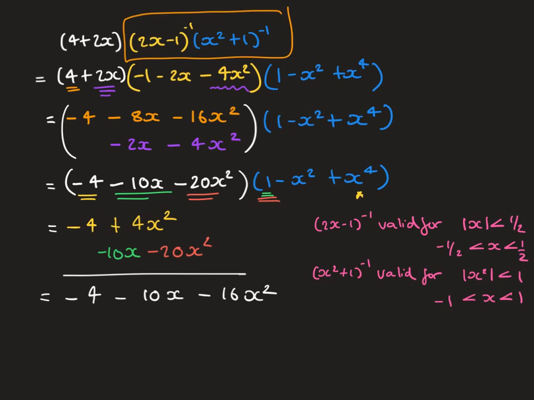Now remember, if there's a choice of inequalities, we go for the stricter one, and the stricter one is that x has got to be between minus a half and a half. So the overall validity condition is this: x has got to be between negative a half and a half.